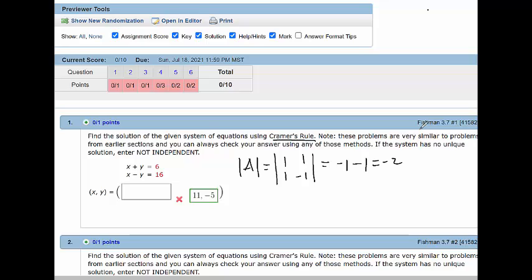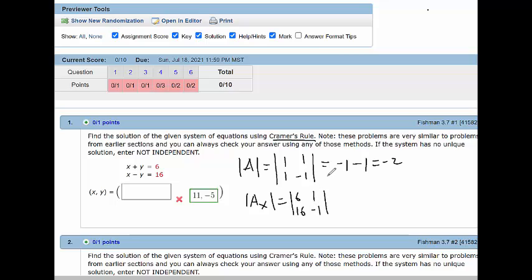Next we will find Ax. So what is Ax? This is another determinant. Ax will be now, the first column replaced by the constant column. So you write here 6, 16, other column you keep as it is, 1, negative 1.